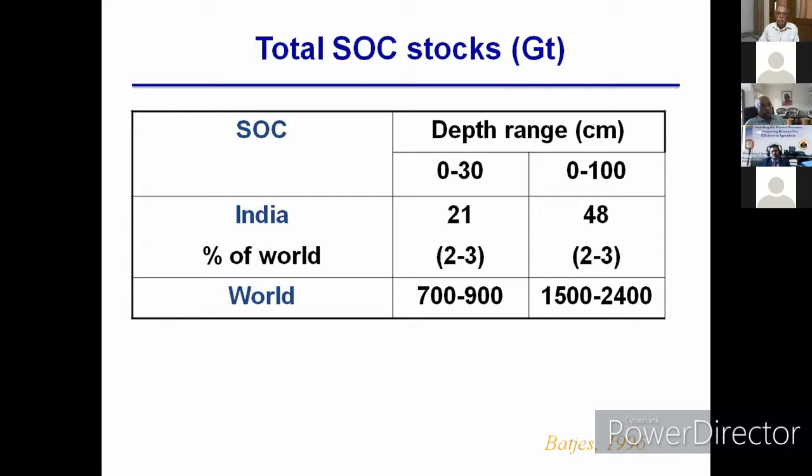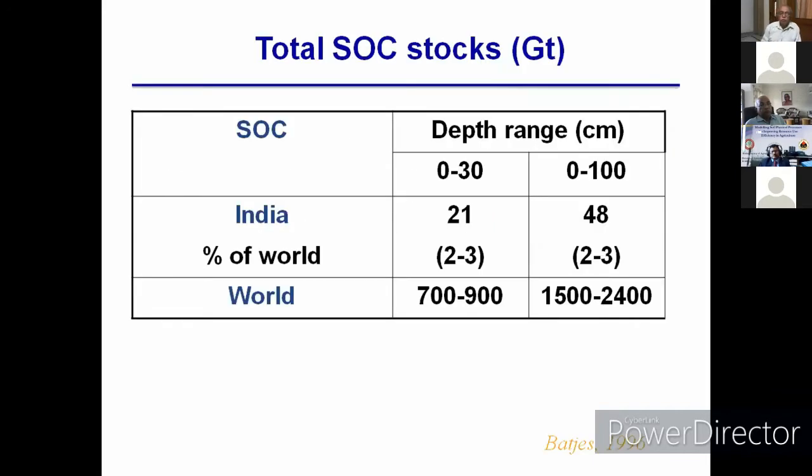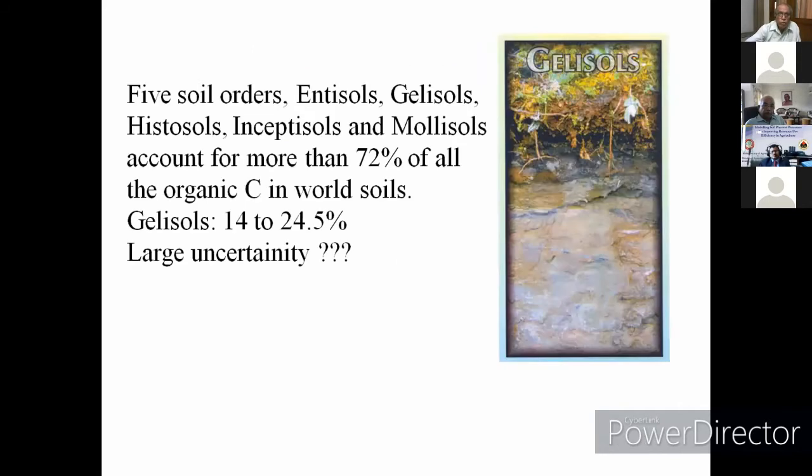So that means this is an appreciable amount, and this carbon which is stored in soil is not constant. It has also changed over the years. And when you see which soils really contain most of the carbon, in the world soils we have 12 soil orders. Out of these, 5 orders, Entisols, Gelisols, Histosols, Inceptisols, and Mollisols, they almost account for 72% of the carbon in the total world soils.